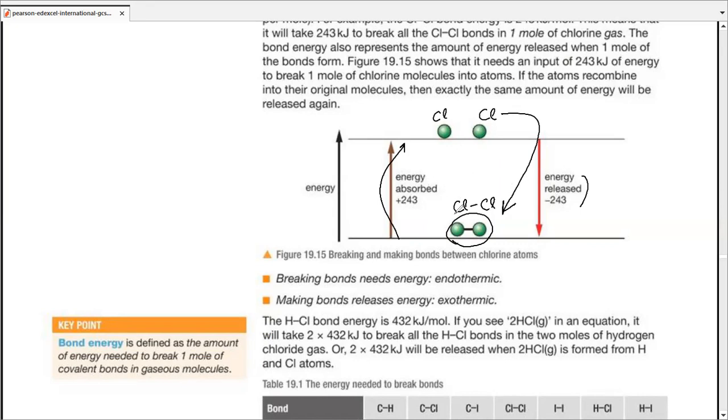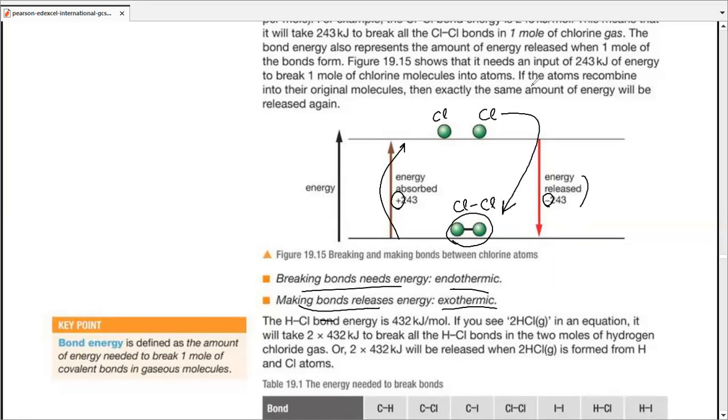It's just that when we are breaking the bond, that energy becomes positive since it's going to be absorbed. And when we are forming a new bond, that energy would be negative since the same amount of energy would be released. So breaking of bonds, endothermic always. Making of bonds, exothermic always.